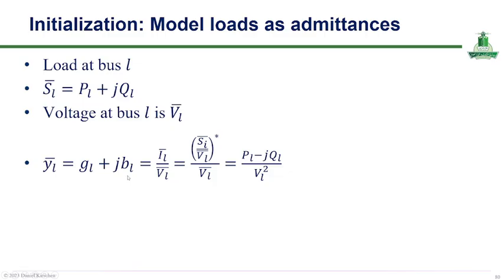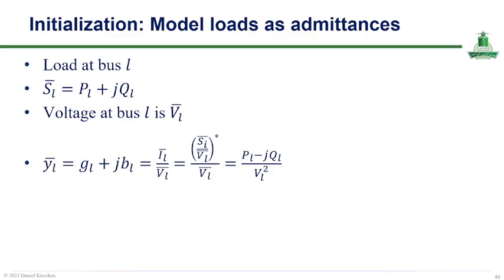And by substituting the complex power relationship into this equation, the admittance can be expressed as this equation. So this equation shows that the equivalent load admittance depends on both the active and reactive power demand as well as the square of the bus voltage magnitude.